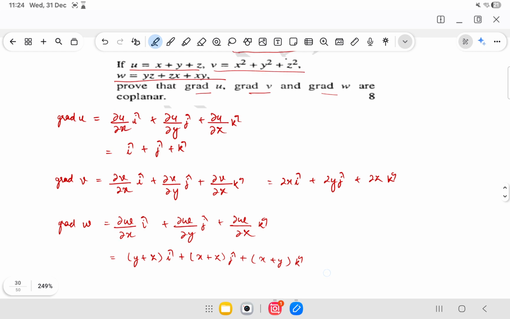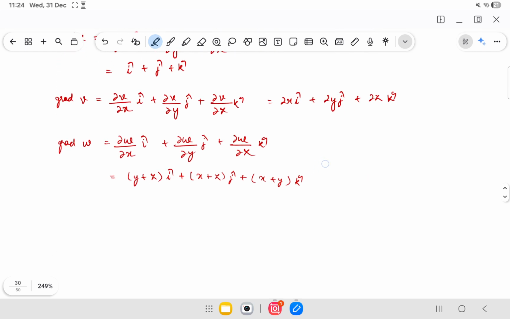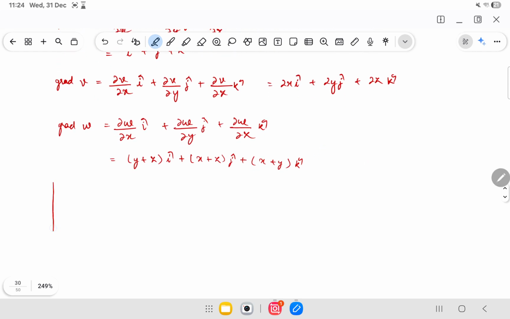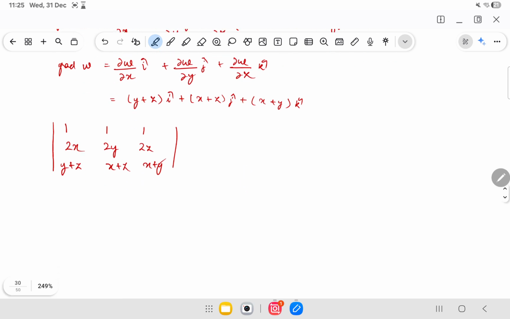Now, in order to show that they are coplanar, I need to show that the determinant of all this is equal to 0. Let's use elementary row transformations to simplify it first.